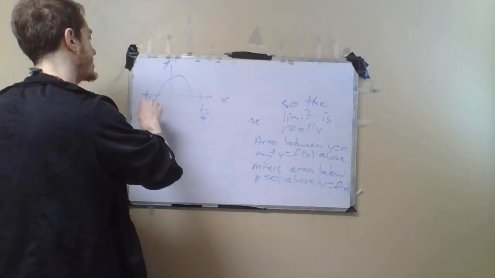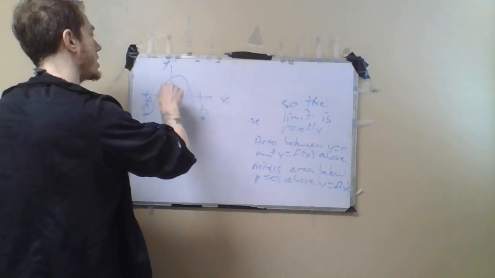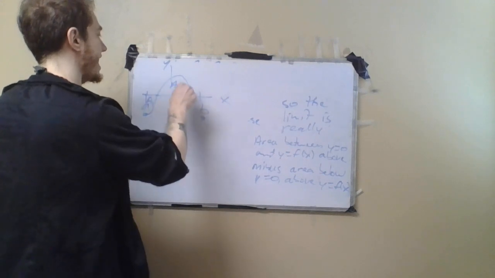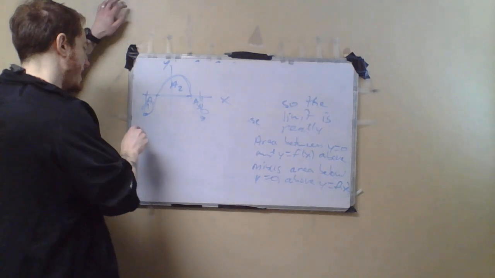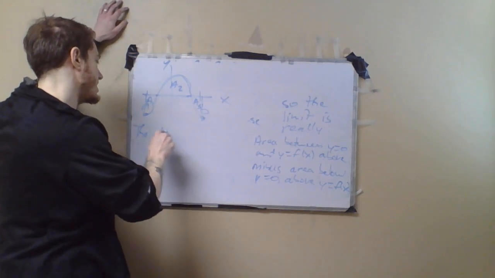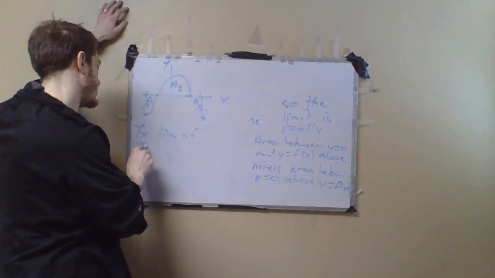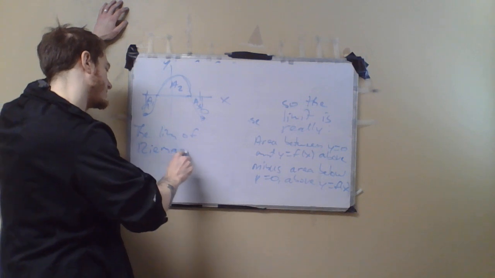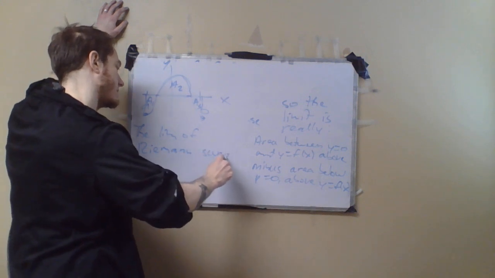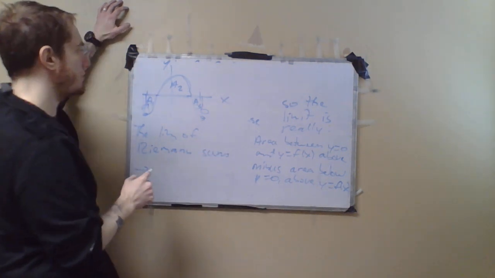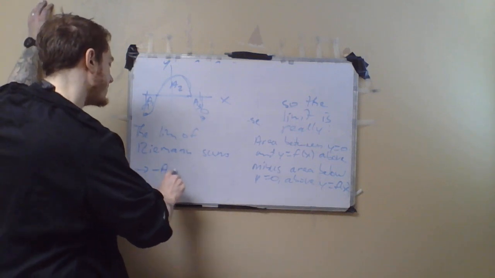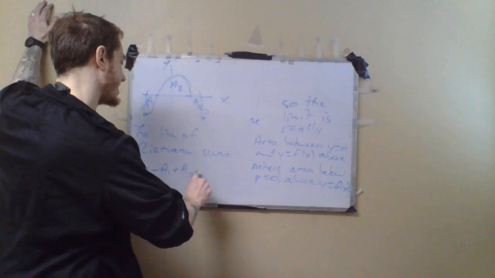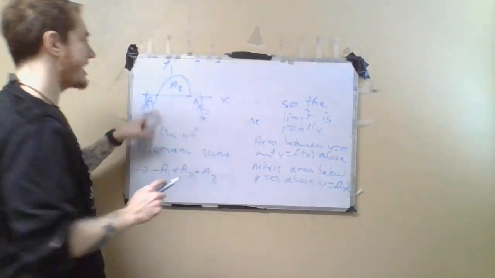Well, I can think of this region as having area A1, this region as A2, and this region over here is A3, and the limit of the Riemann sums is going to converge to what geometrically I would interpret as negative A1 plus A2 minus A3.